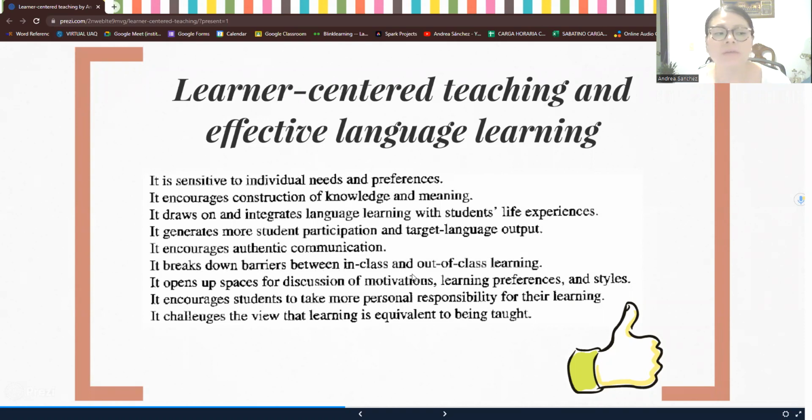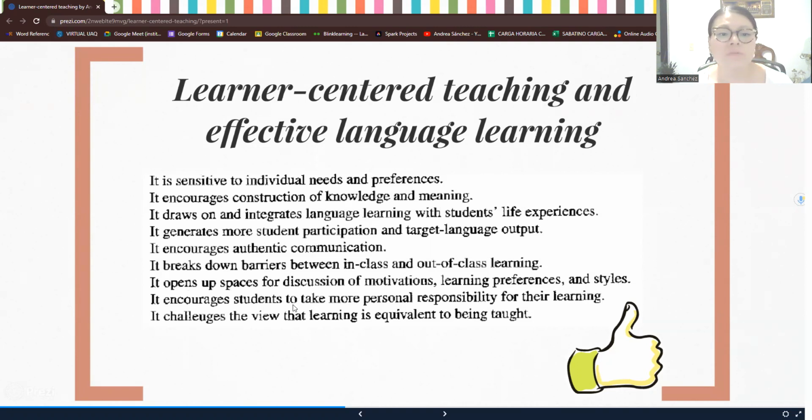You bring basically students' life into the classroom, so you mix both of the worlds of students outside class and in class, and it's amazing because it becomes very meaningful. It opens up spaces for discussion of motivations, learning preferences, and styles. We are very open as teachers to receive our students' comments and to listen to their needs and also help them in their learning process.